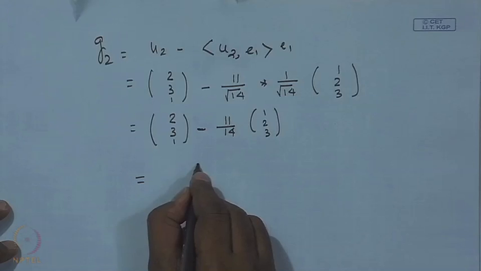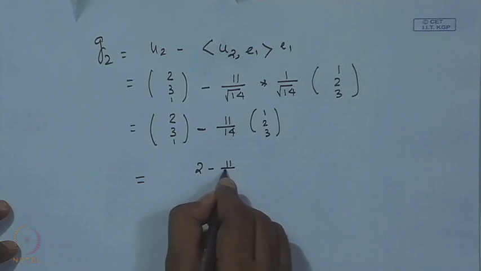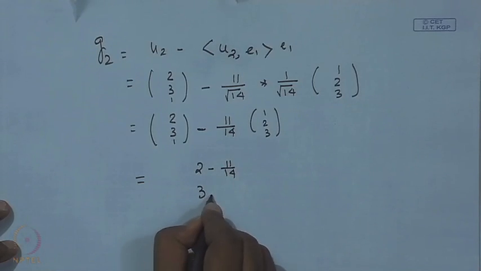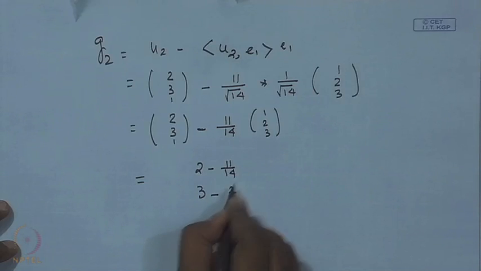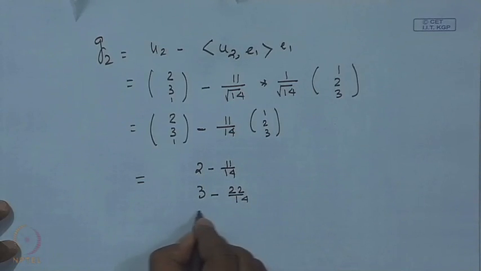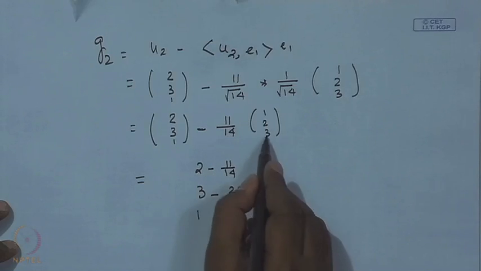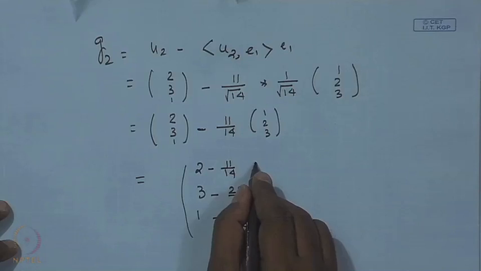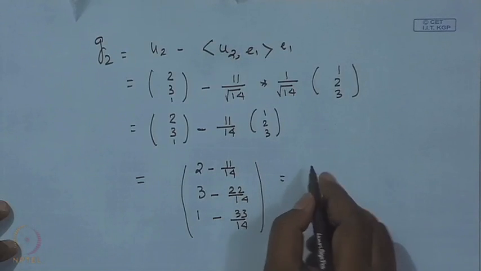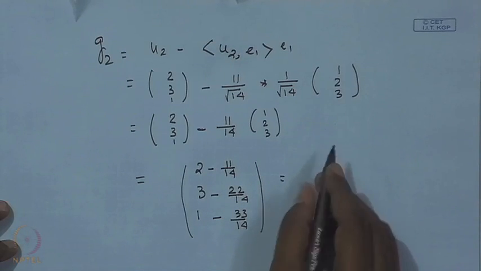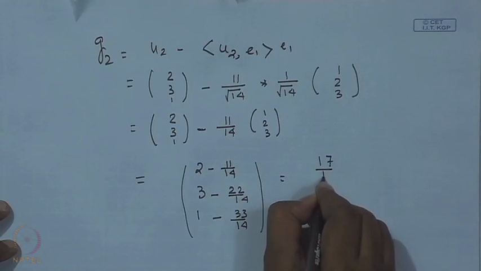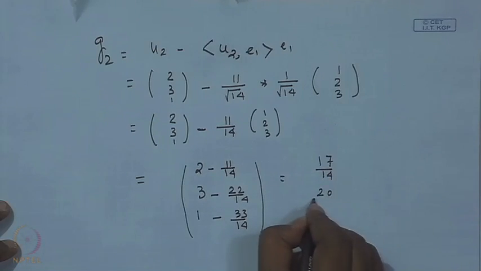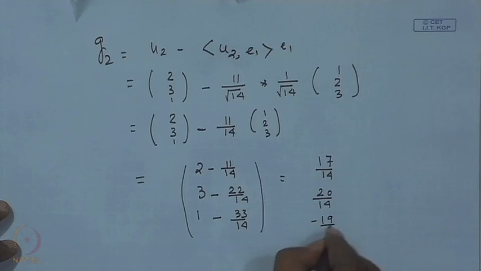This will be 2 minus 11 by 14, next 3 minus 2 into 11 by 14, that is 22 by 14, next 1 minus 11 by 14 into 3, so it will be 33 by 14. You can simplify this and it becomes 17 by 14, 20 by 14 and minus 19 by 14.